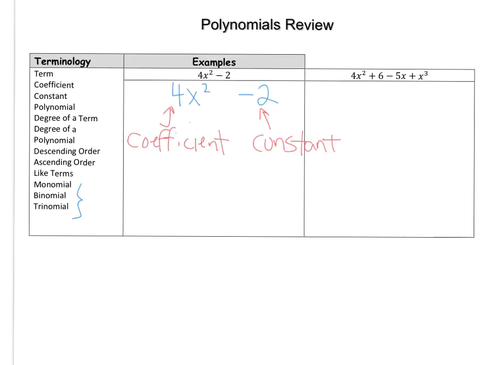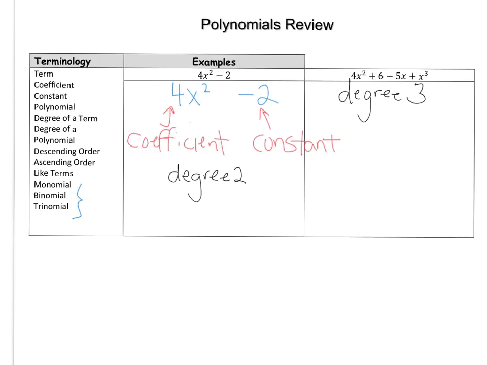This degree is 2, then degree 1, and degree 3. Now, when we talk about the degree of an actual polynomial altogether, the degree is actually the highest exponent that you see. Not all of them added up together, but just the highest exponent that you see. So this polynomial is degree 2. And this polynomial is degree 3.